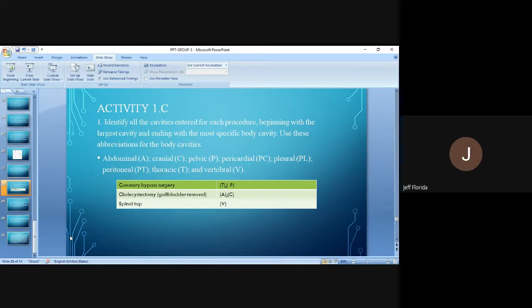The thoracic cavity contains the ribs, the vertebral column, the sternum or breastbone. The vertebral body cavity contains the spinal cord.